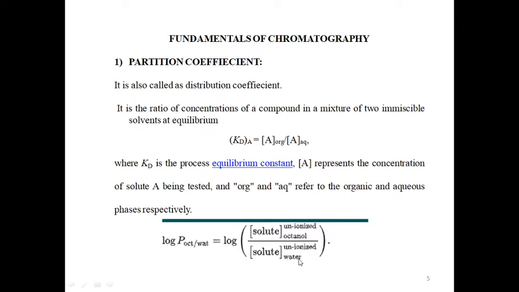This is the equilibrium between the organic phase, octanol, and the aqueous phase, water. This is called the partition coefficient. Basically it speaks about the distribution coefficient of a component in two solvents, one organic and the other aqueous. This is very important if we have to understand the distribution of drugs in blood serum, as to how drugs can easily distribute in the blood serum.